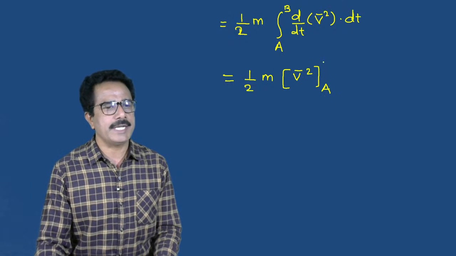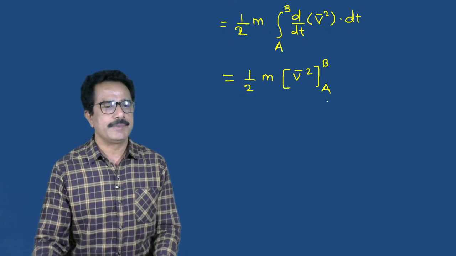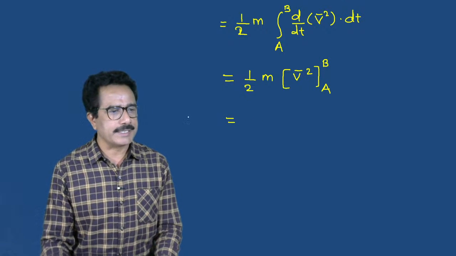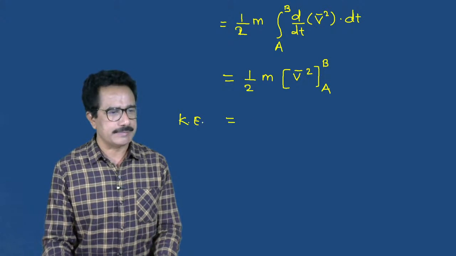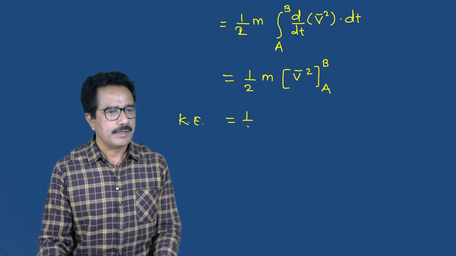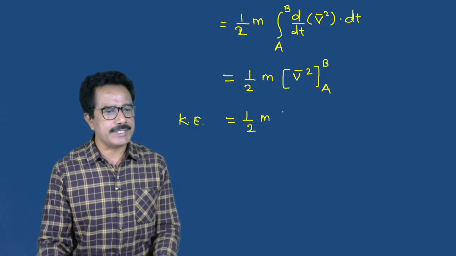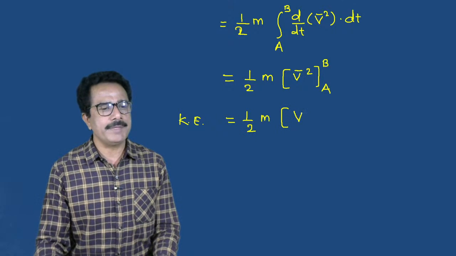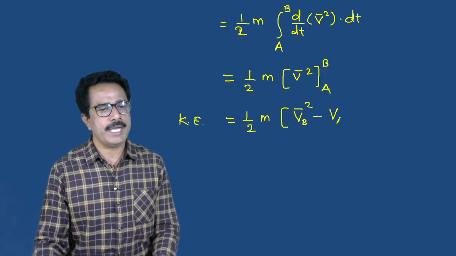The upper limit and lower limit are as it is. Now put the upper limit. See, this is kinetic energy: 1 by 2 into m as it is, upper limit means vb square minus va square.